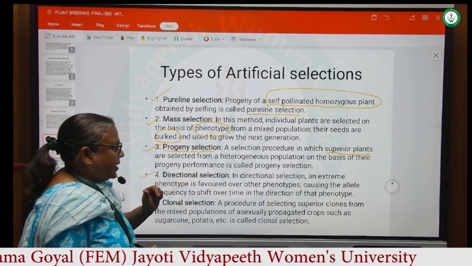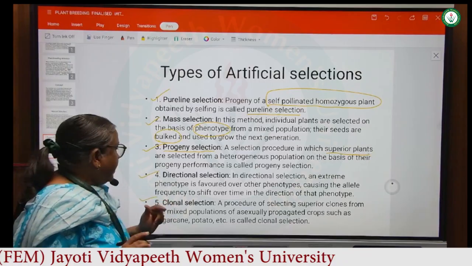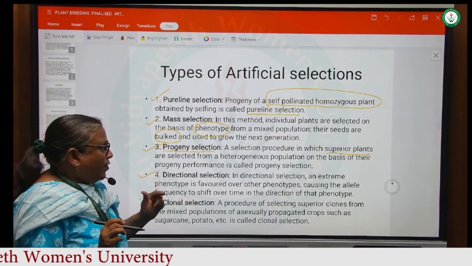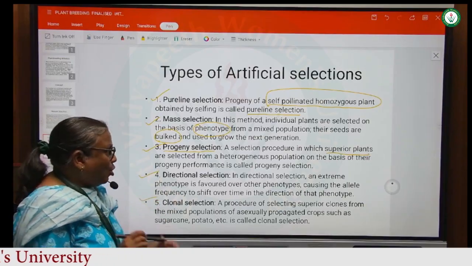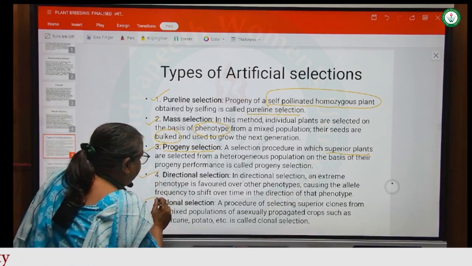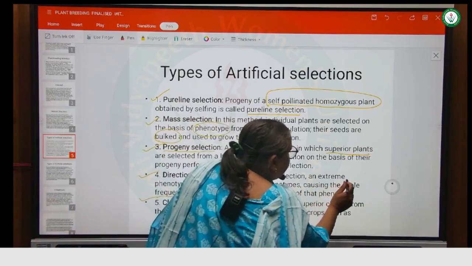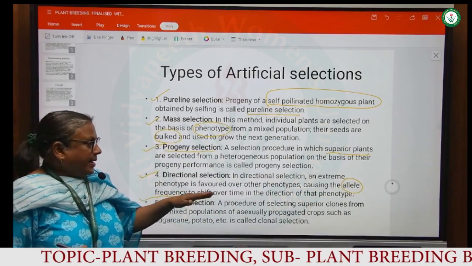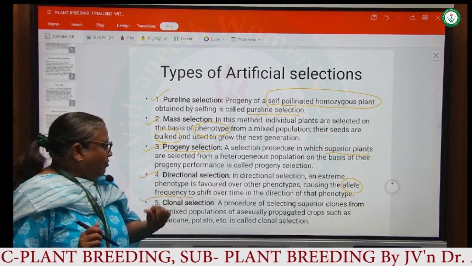And now I talk about directional selection. In directional selection, an extreme phenotype is favored over other phenotypes, causing the allele frequency to shift over time in the direction of that phenotype.